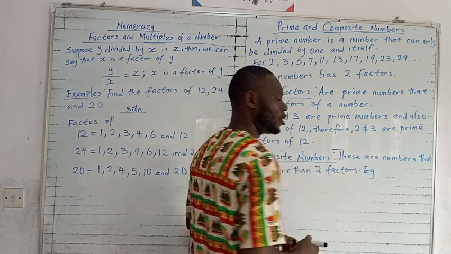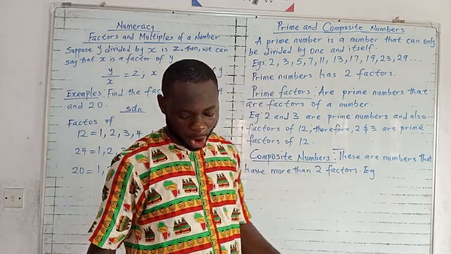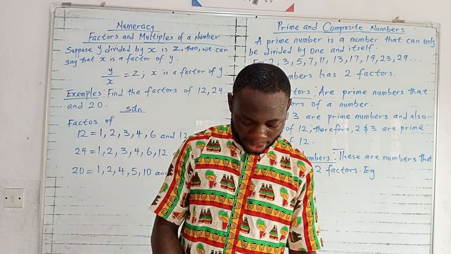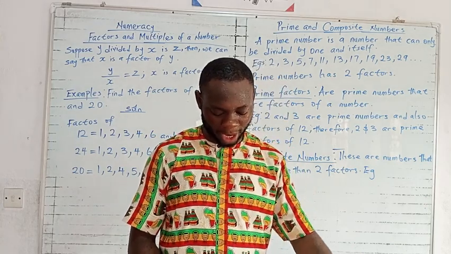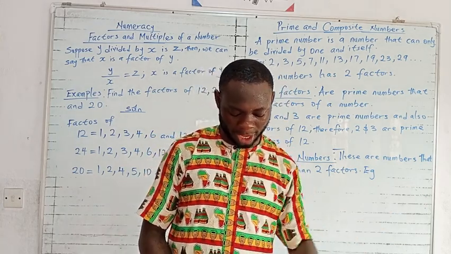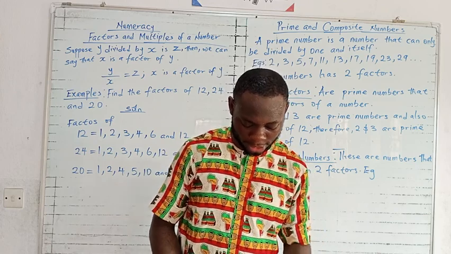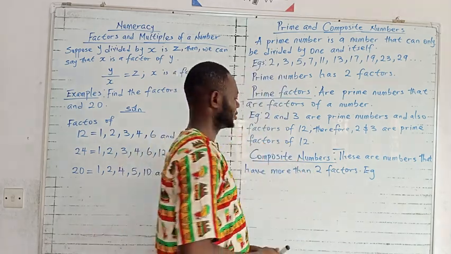Example, all numbers that are not prime numbers are composite numbers.